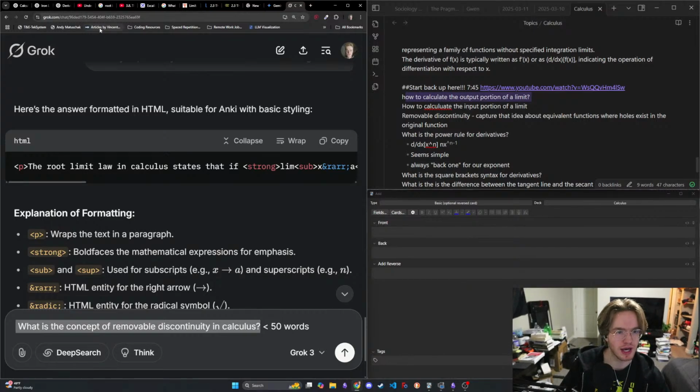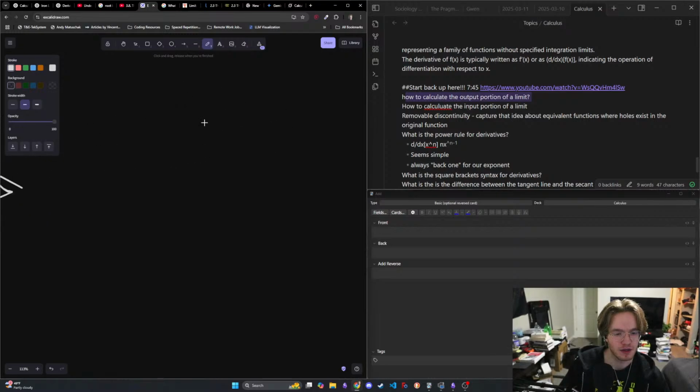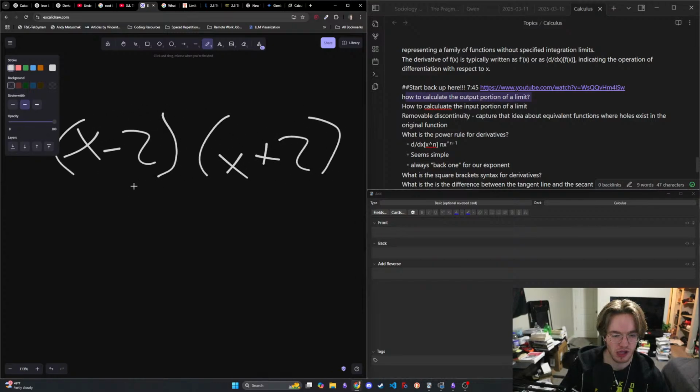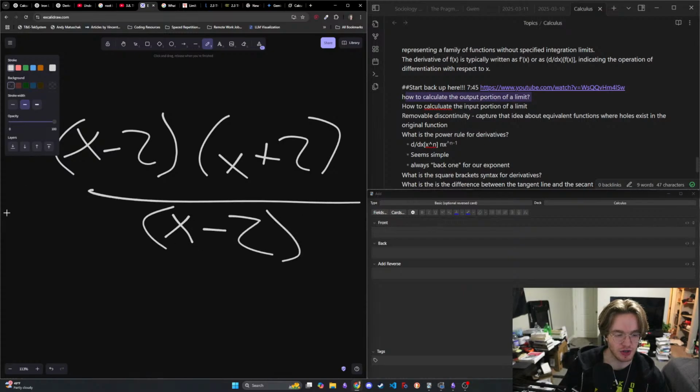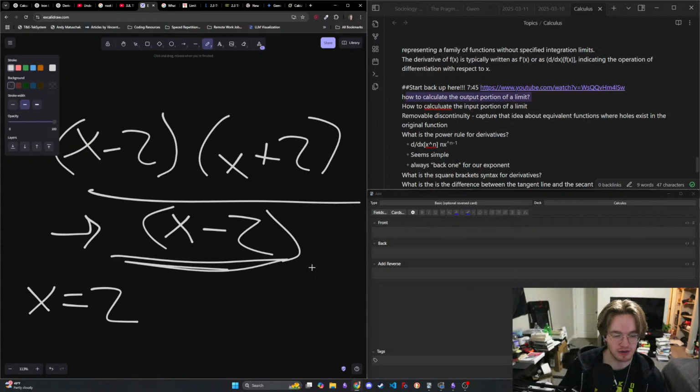Maybe I can show that. So if I had x minus 2 and x plus 2, and then I had x minus 2 here. If I tried to just have x equals 2, we would have a 0 down here, which would mean it's undefined, right?